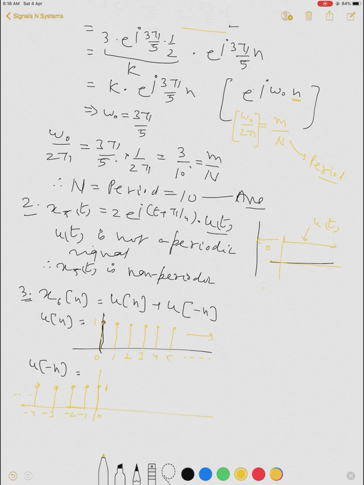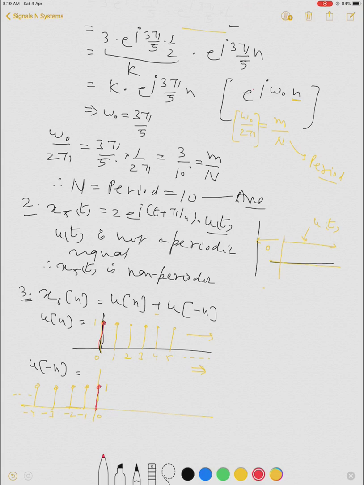So when we add these two signals, you can see here that at n equal to 0, we will get value 2.